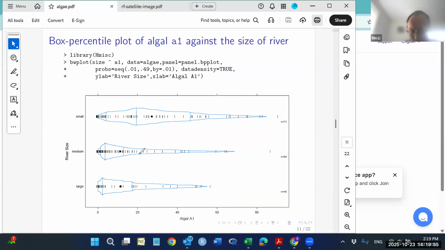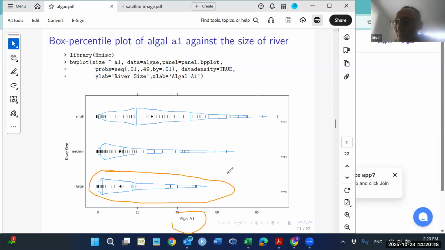And also, just compare across the river size. You can see that the large river, relatively speaking, contains low values for algae A1 compared to the medium and the small. The small one contains the highest.